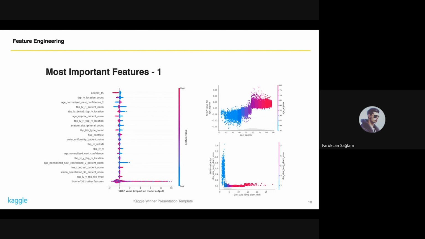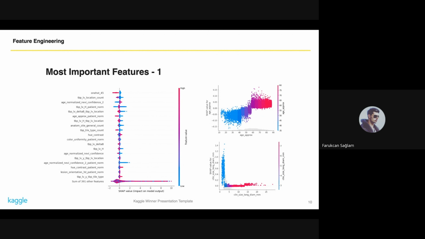And there are many age-related features because some patients have more than one age. That creates a time series like situation. So some of the most influential features are about age.